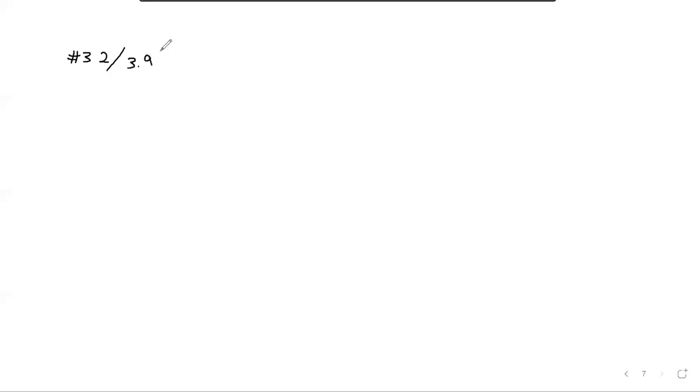So 3.9, and this says that f prime of t, so you know the derivative of a function, is 1 plus 1 over t cubed. And you also know that t is greater than 0, and you also know that f of 1 is 6.